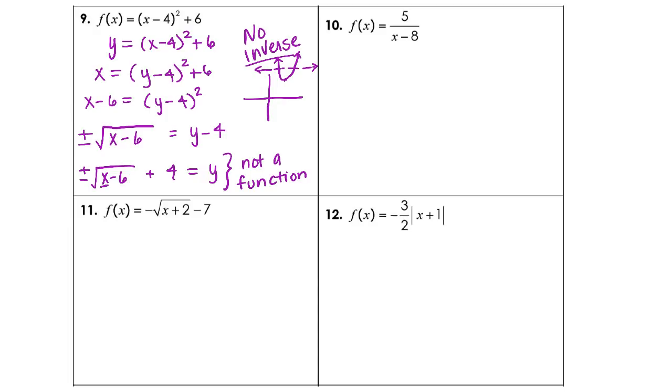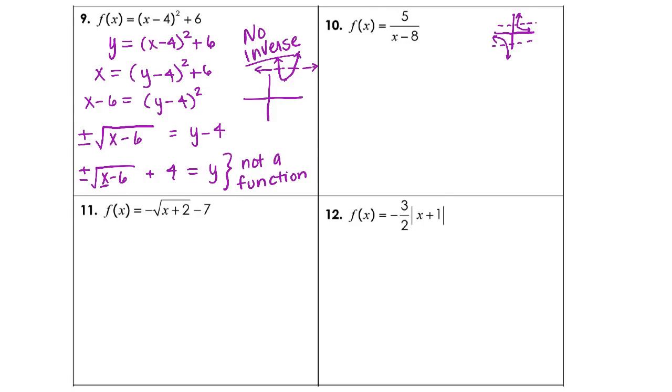All right, moving on for our next problem. This one looks like it's probably going to have an inverse. If we remember, the parent function here is going to be something that looks like this. And so this would definitely pass the horizontal line test.